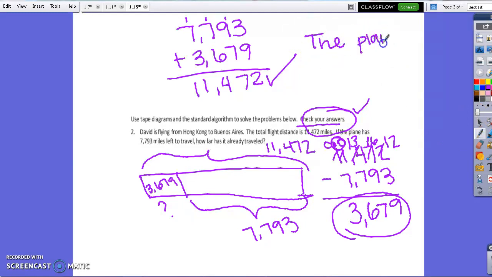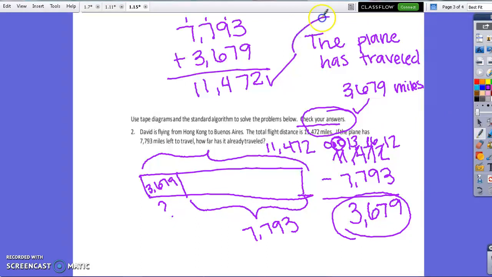The plane has traveled 3,679 miles. That way, us teachers know what your actual answer is, and that way we know that you're understanding what math you're solving. Thanks, guys.